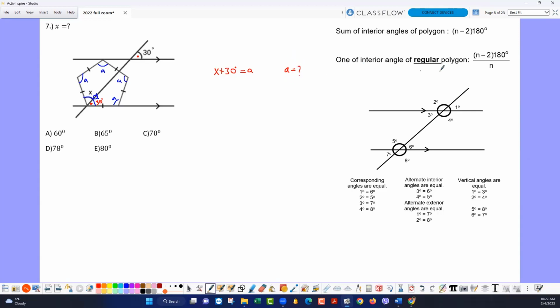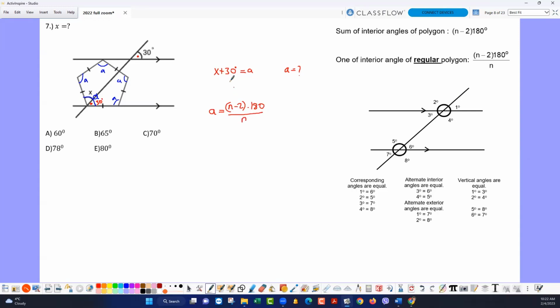For A, we have one formula here. Since this is a regular polygon, one interior angle of the regular polygon is n minus 2 times 180 over n. Which means A is equal to n minus 2 times 180 over n.